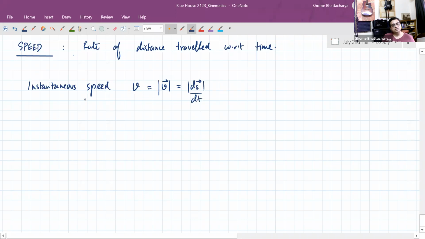Now, why this happens is it equals the magnitude of the instantaneous velocity.